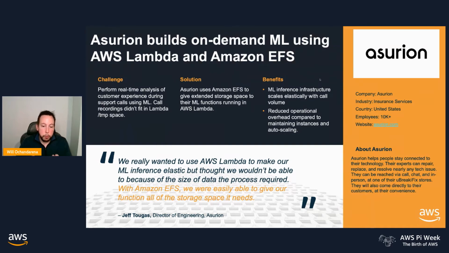And what they wanted to do was use machine learning in order to figure out how good their customer experience was in their call centers. So they had these large audio files for each of their calls, and they wanted to use Lambda to load that audio file in, compare it to the ML model that they had trained on whether it was a good call or a bad call. Was the operator enthusiastic, or were they rude, or something like that?